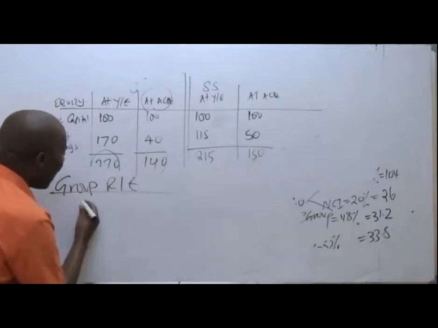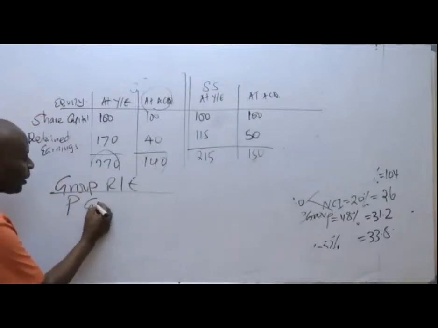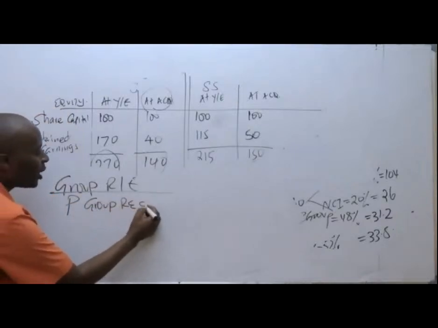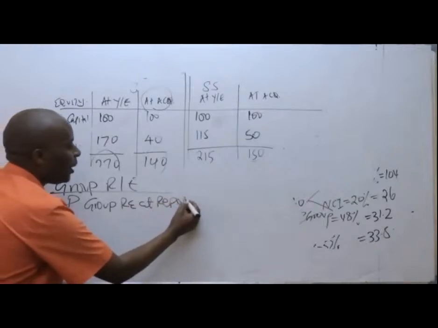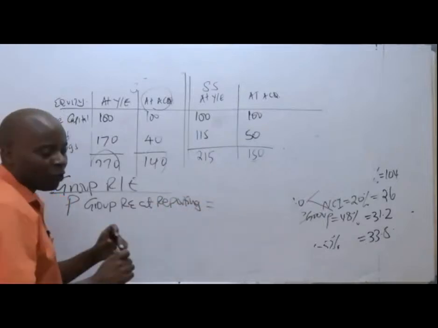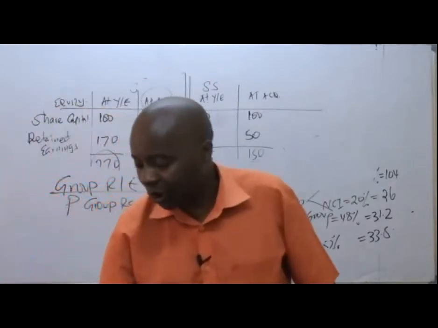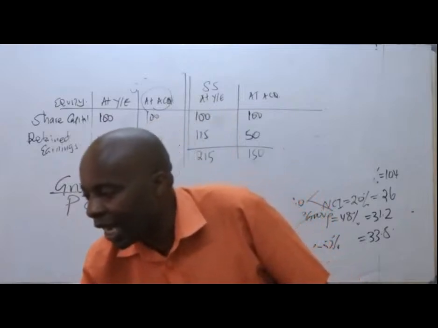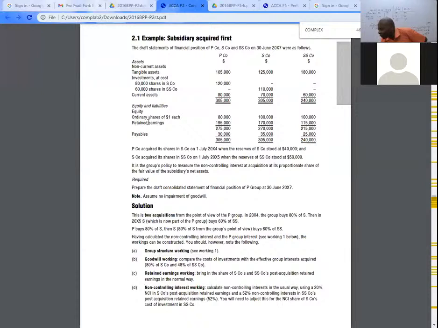So group retained earnings give us the P group retained earnings at reporting from the balance sheet. What is the P group retained earnings figure? It is 195. So P group retained earnings at reporting, we have 195.